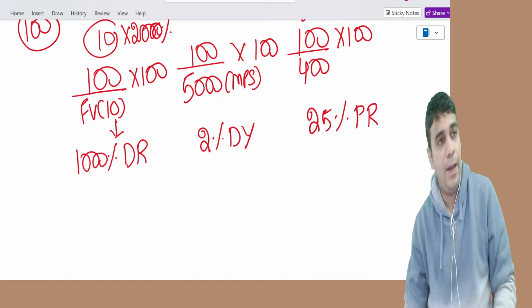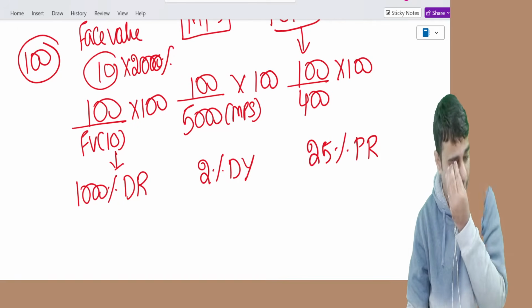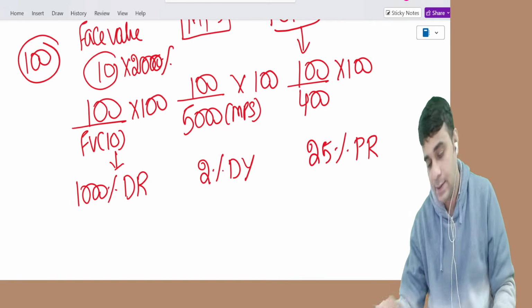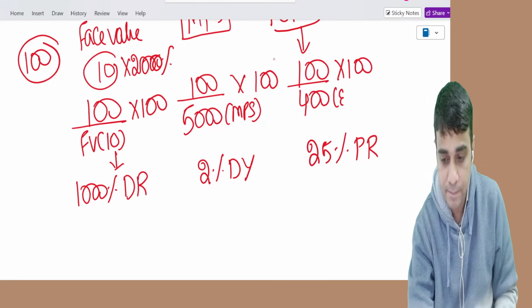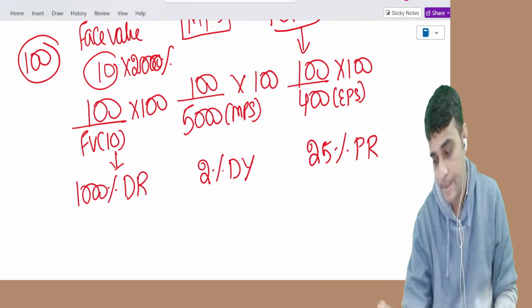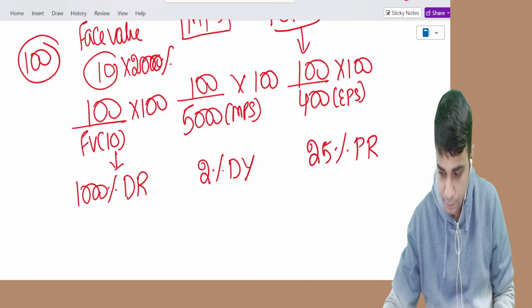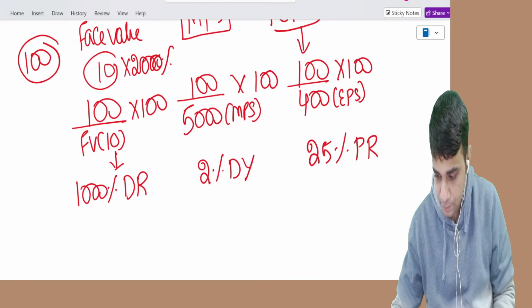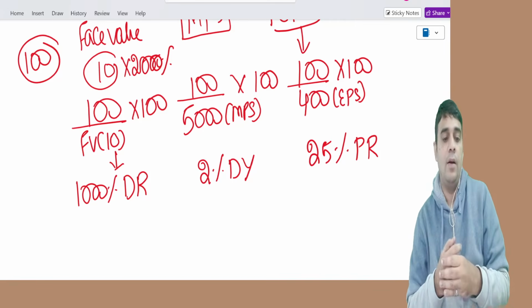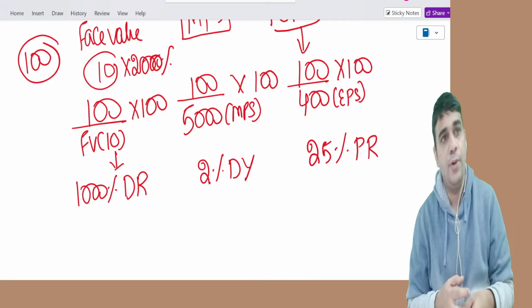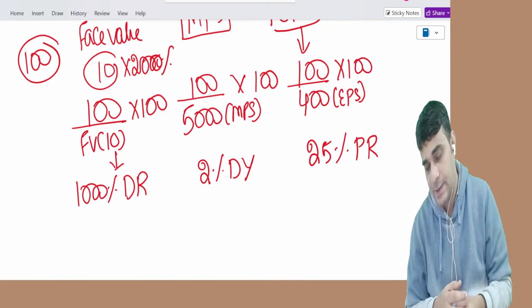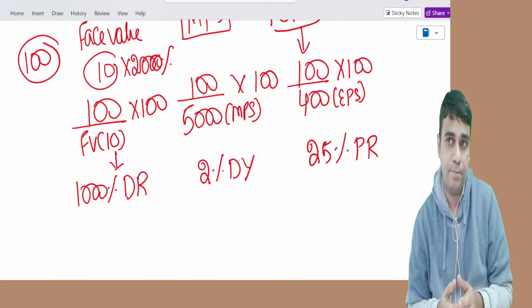Write these numbers: 100 divided by face value, market price, and EPS.